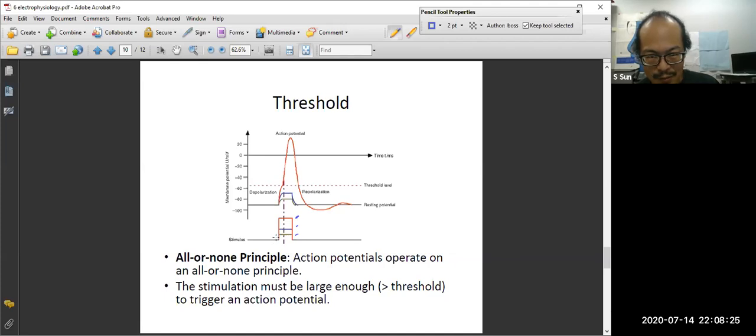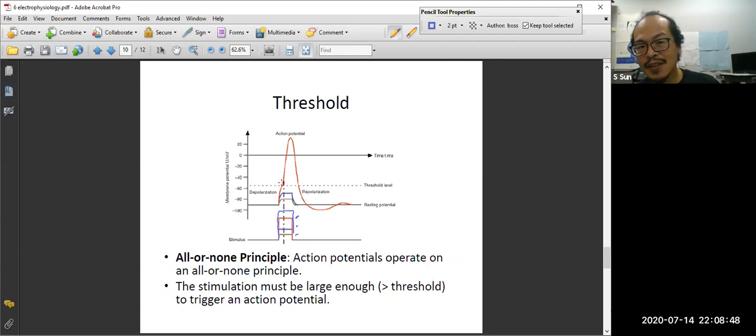If your stimulus is even higher, would you have a higher membrane potential, or exactly the same? If you have a higher stimulus, you will have the same action potential.